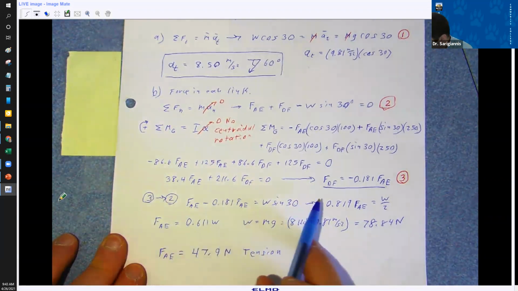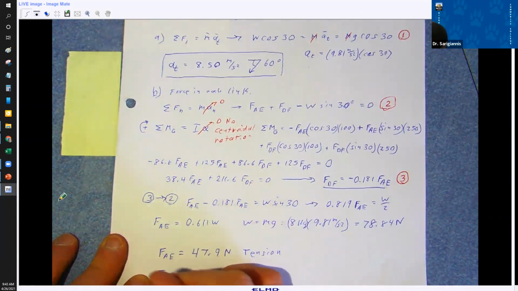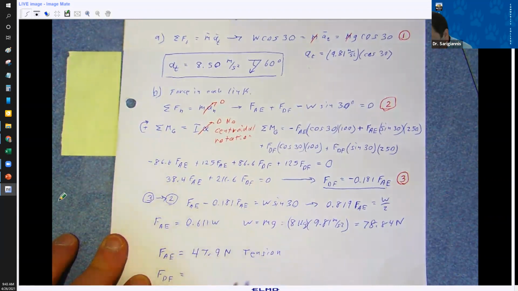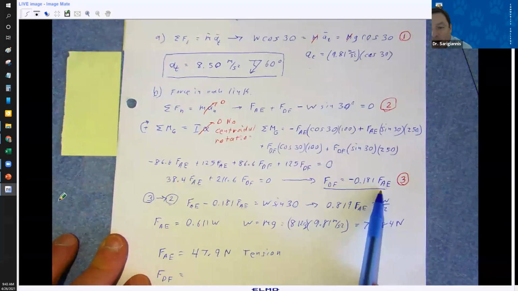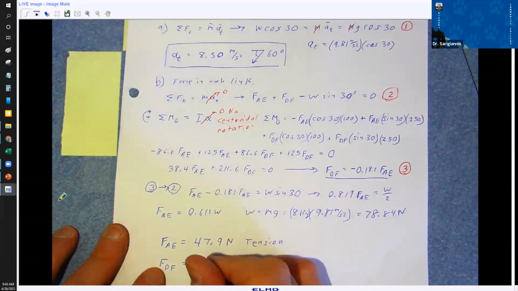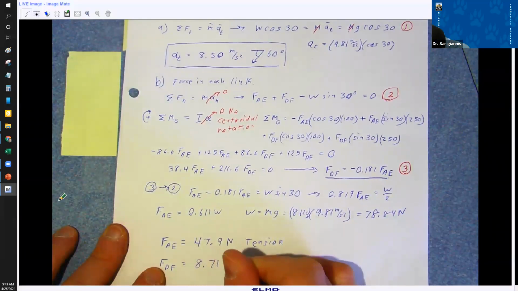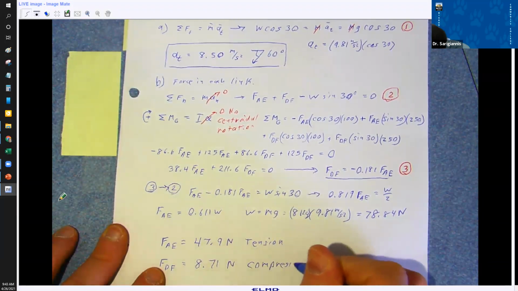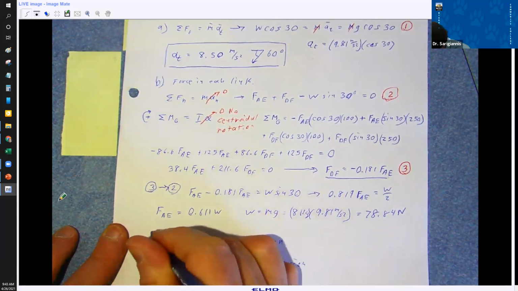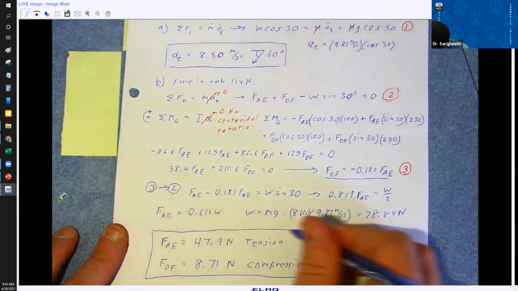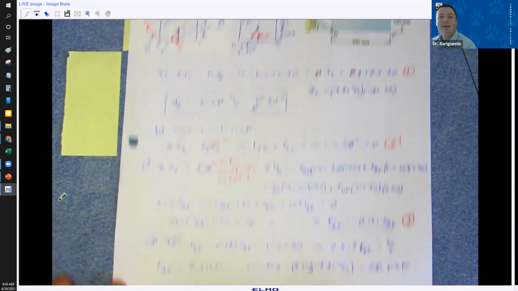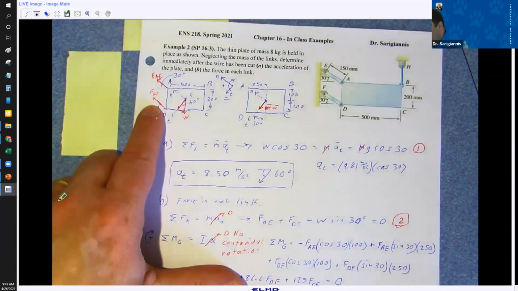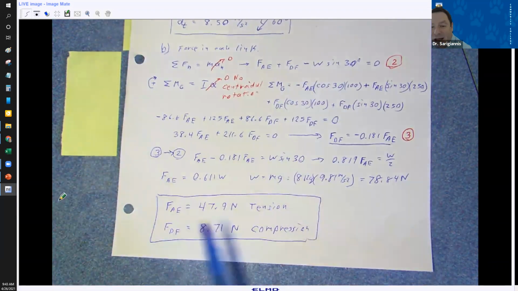Now, the other one, FDF, if I take FAE and plug that in here, I'm going to wind up with a negative, so I'm just going to write that as 8.71 newtons. It came out negative even though we treated it as in tension, so that means it's in compression, in the opposite direction. So we wind up with 47.9 newtons in tension, 8.71 newtons in compression.